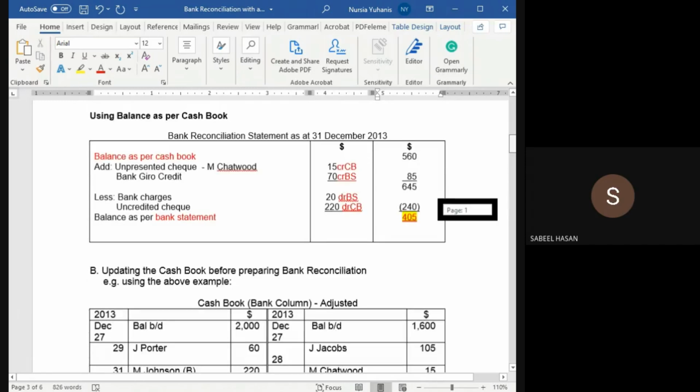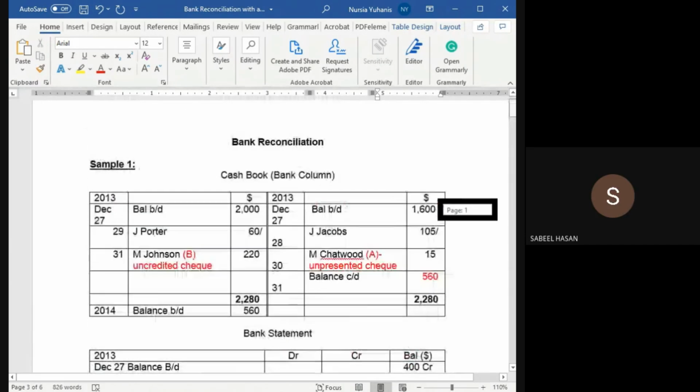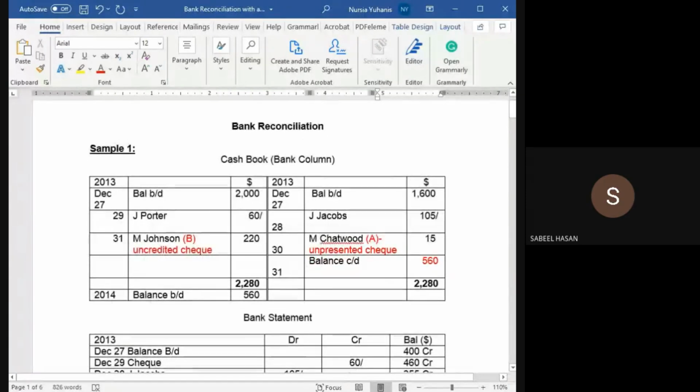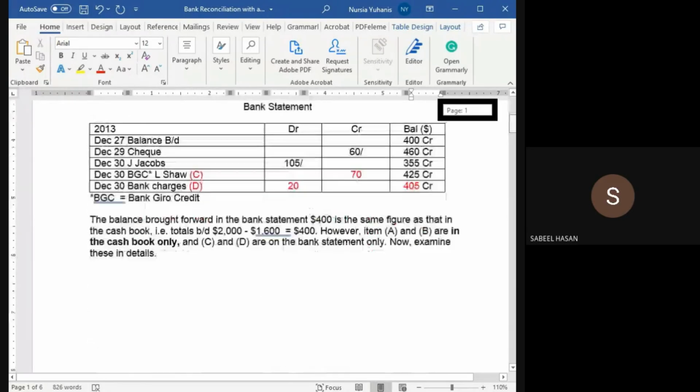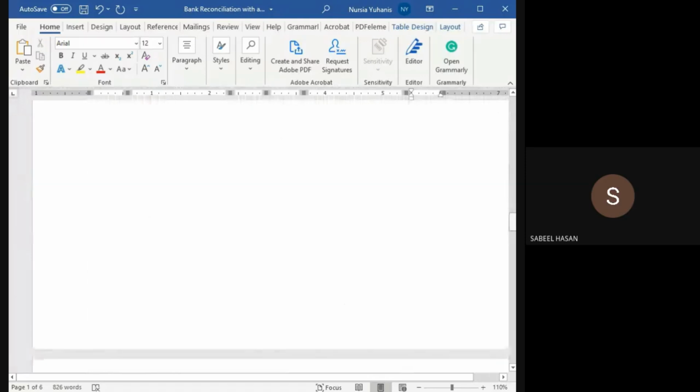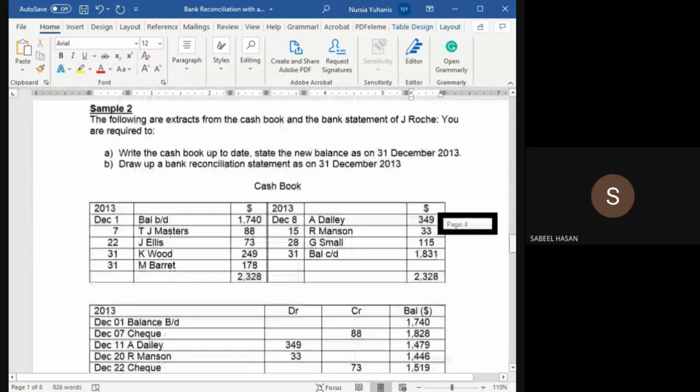So let's check. It's not the same. It's not the same with 610. So meaning you must prepare the adjusted Cashbook before you can start using the balance as per bank statement.